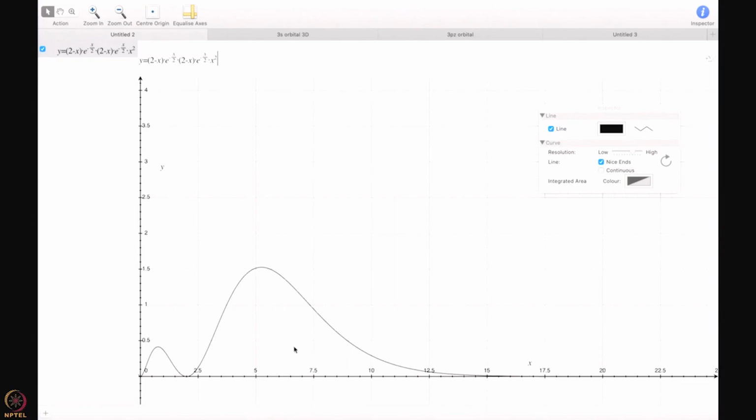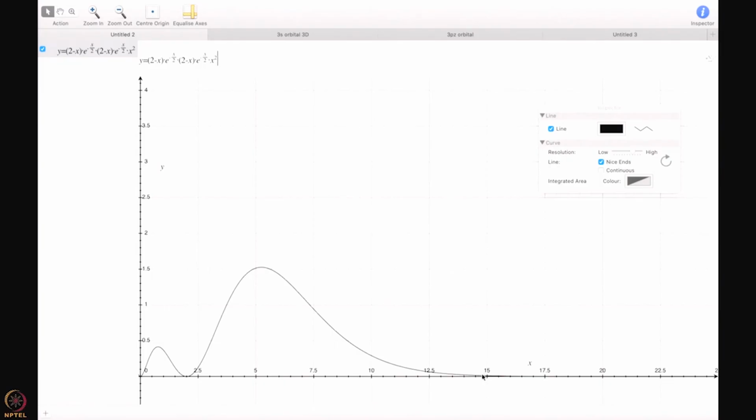So if I take area of this curve, maybe 99.999% of it will be there until this 15 angstrom or so. Beyond that you will have a very small amount of probability. So even though the orbital goes up to infinity, there is no need for us to go up to infinity. It is enough if we go up to 15.